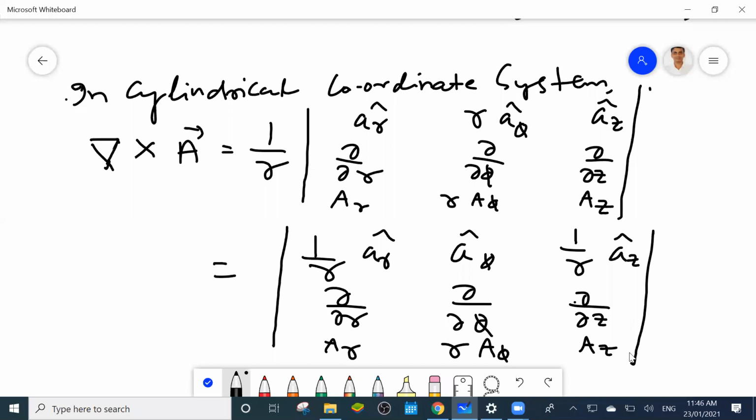So now you can find out the determinant. Yes or no? Yes, sir. Fine.